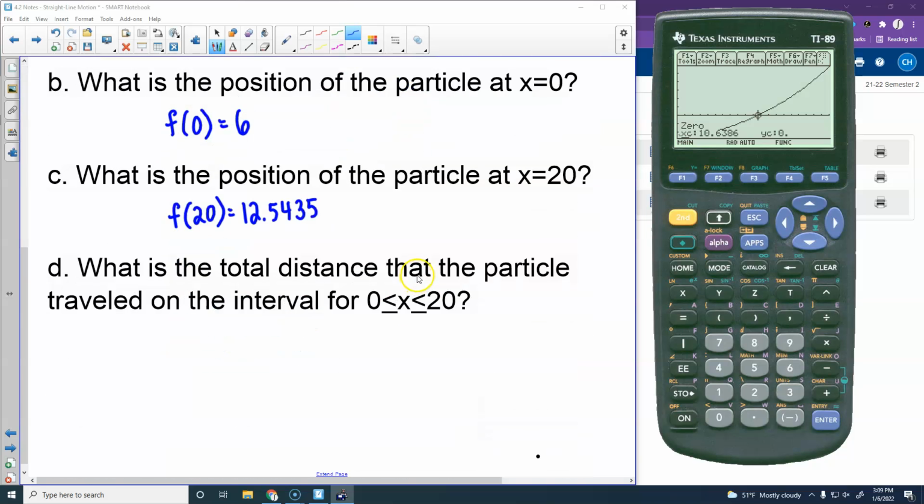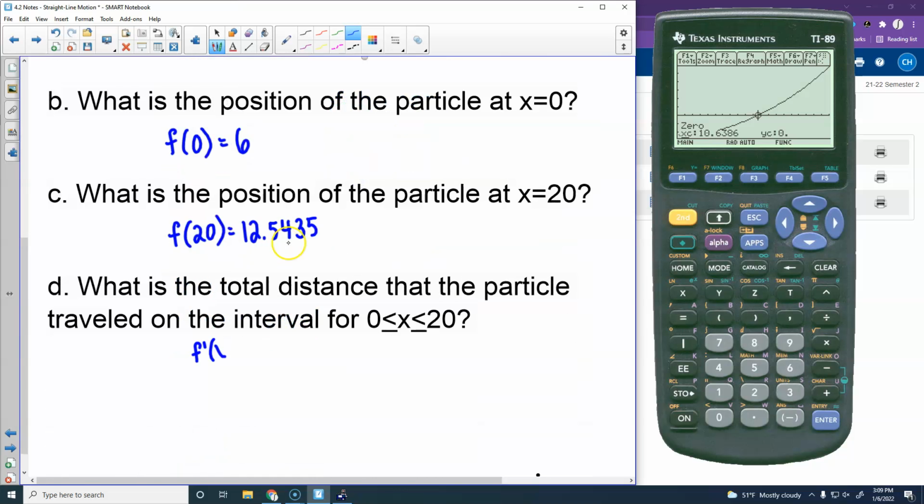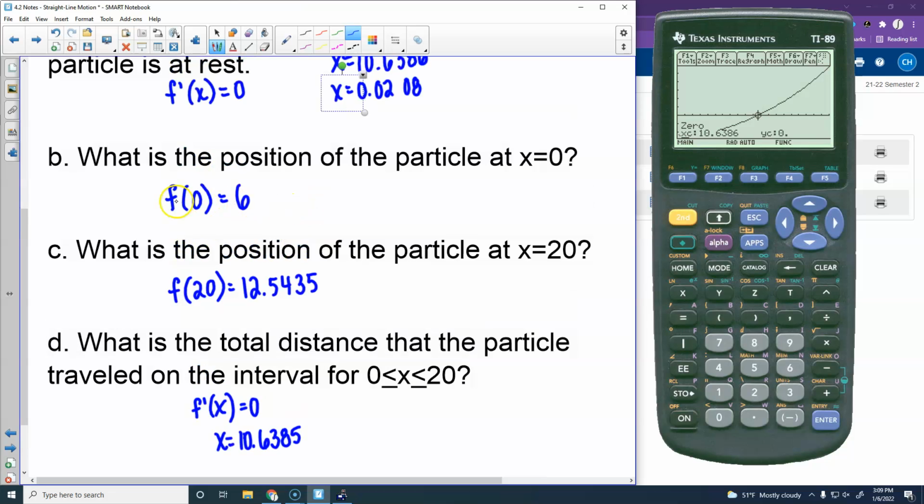Okay, so we'll say F prime of, is it T or X in this one? X. We found the value of F at 0.